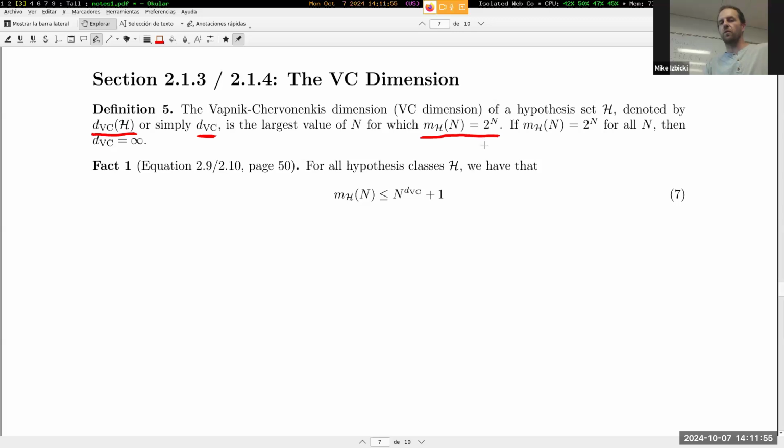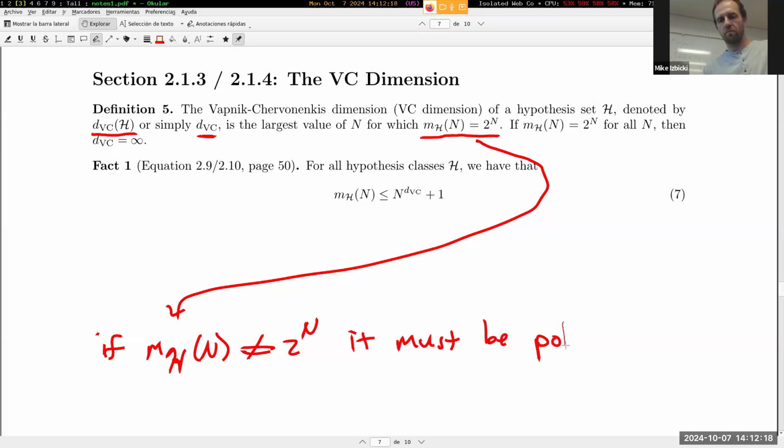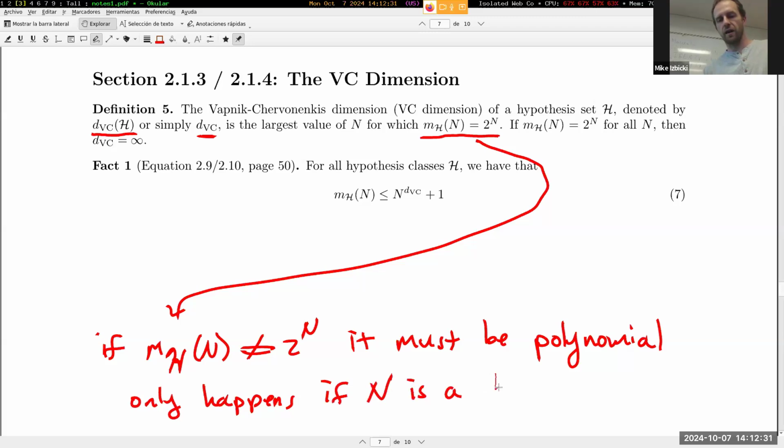So in particular, we saw before that if mH of n is not equal to 2 to the n, it must be polynomial. And this only happens if n is a breakpoint.